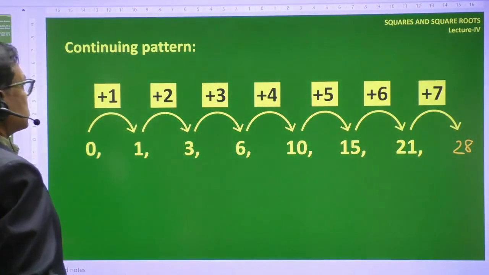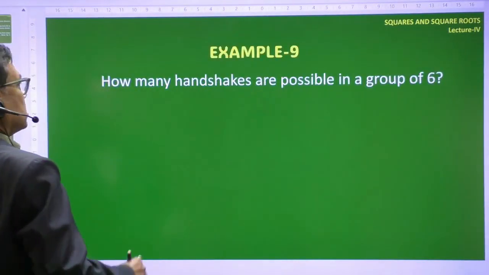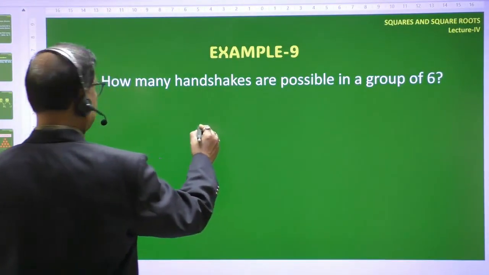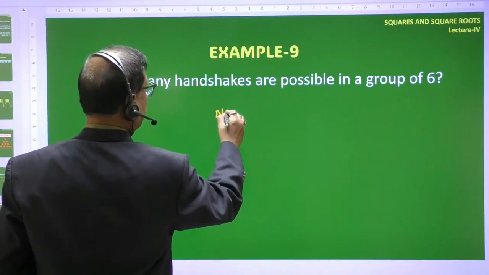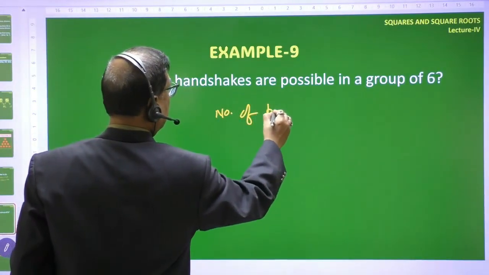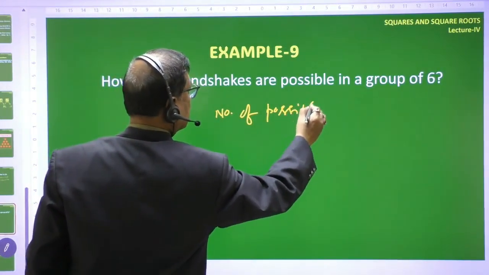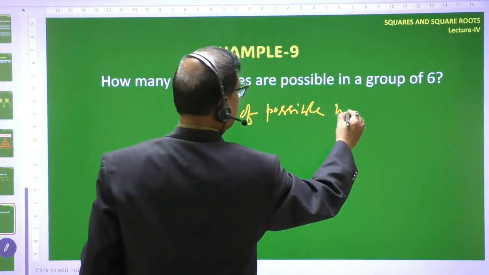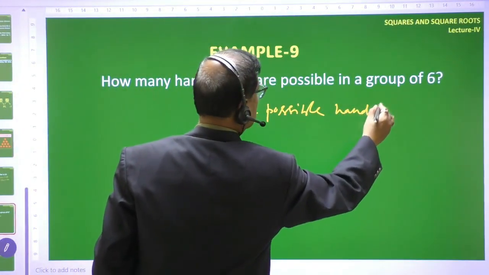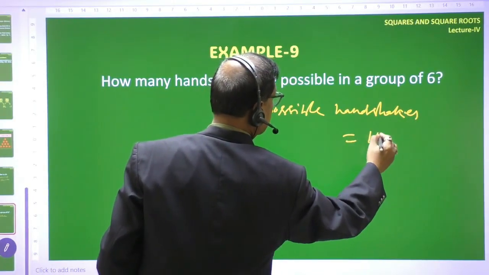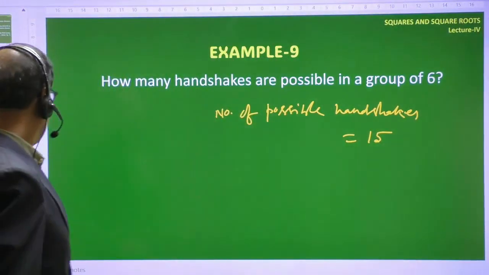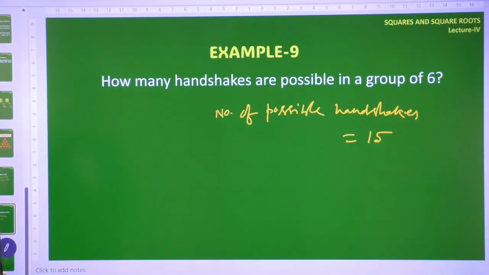So the answer to this question will be 15. For 6 persons, the number of possible handshakes is 15. Yes or no?